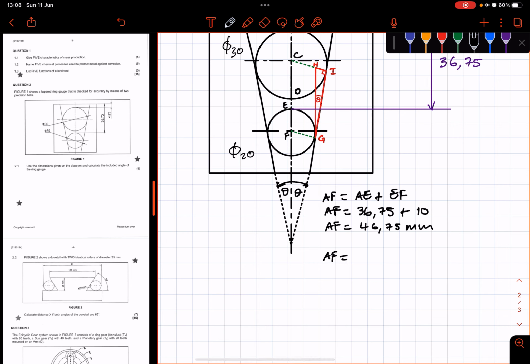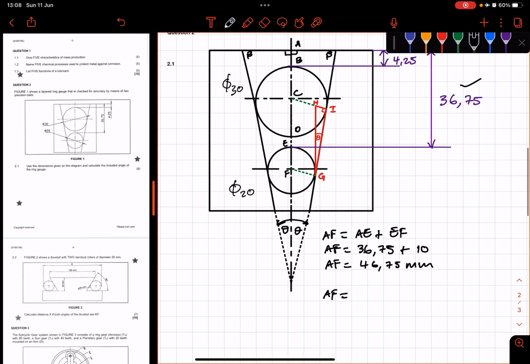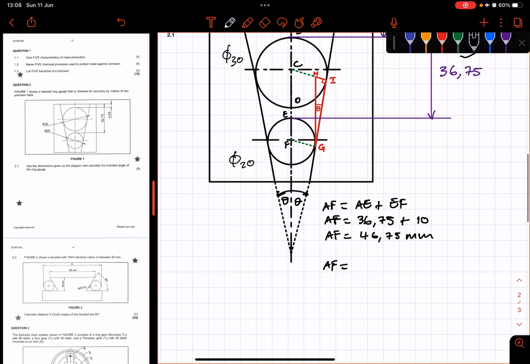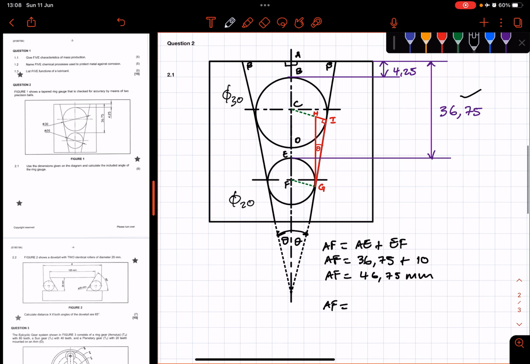AF is also equal to AB plus BC plus CF, which is what you're looking for.